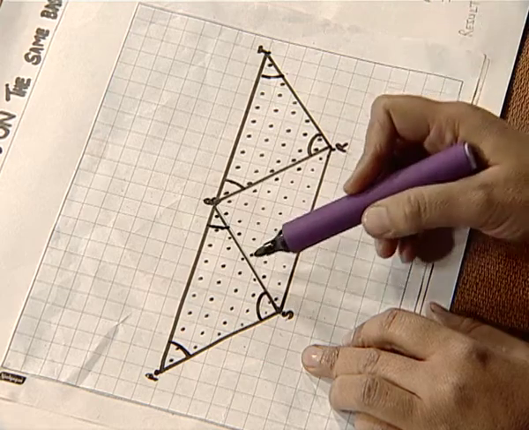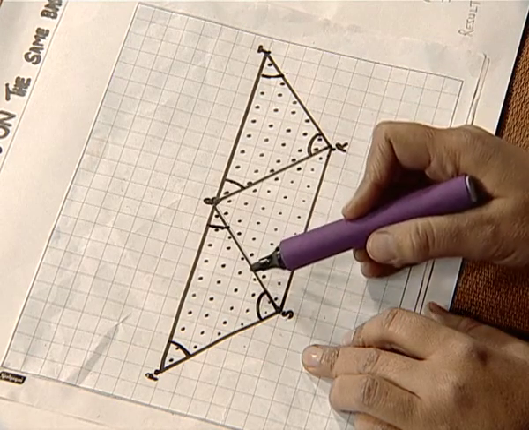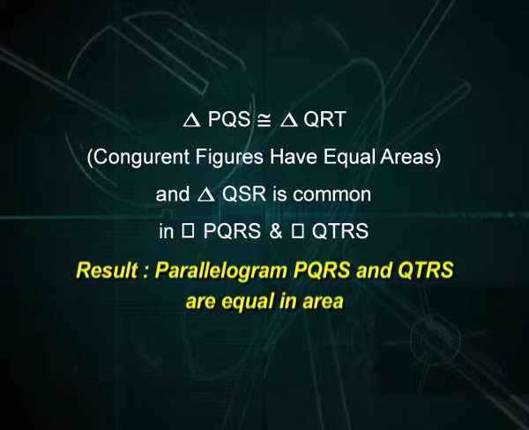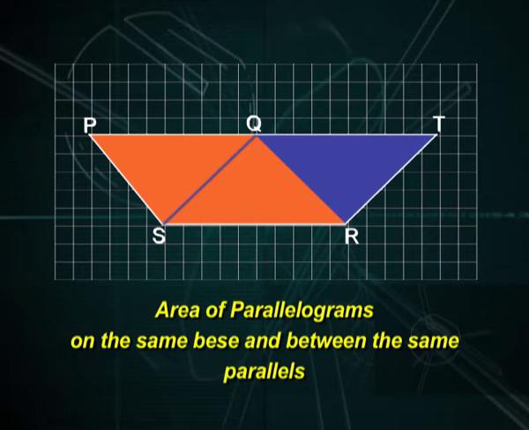So, we find these two parallelograms PQRS and QTRS are equal in area. So, we have verified by doing this activity that the areas of two parallelograms PQRS and QTRS, having the same base and between the same parallels, are equal in areas.